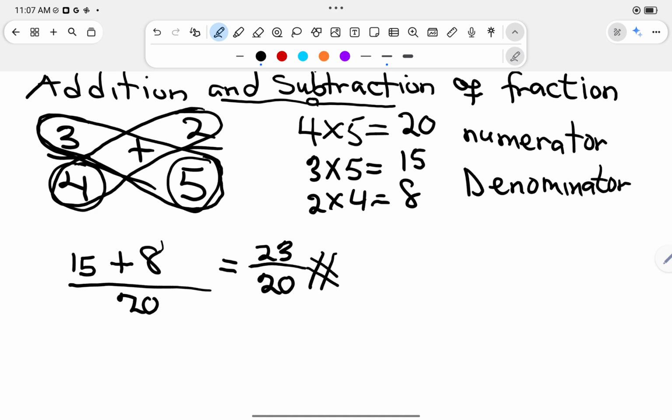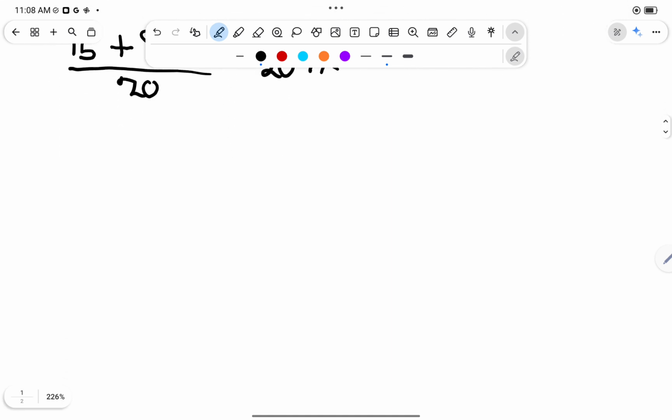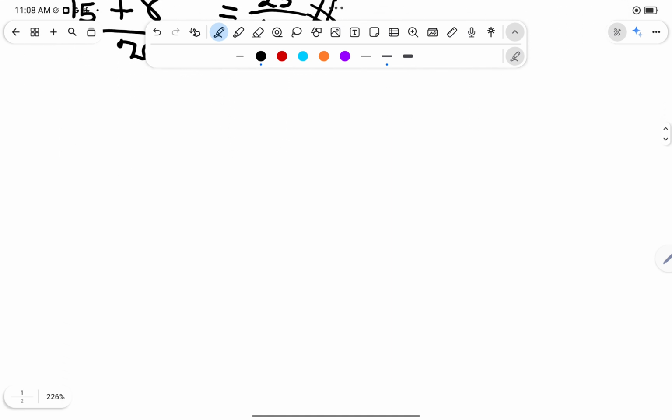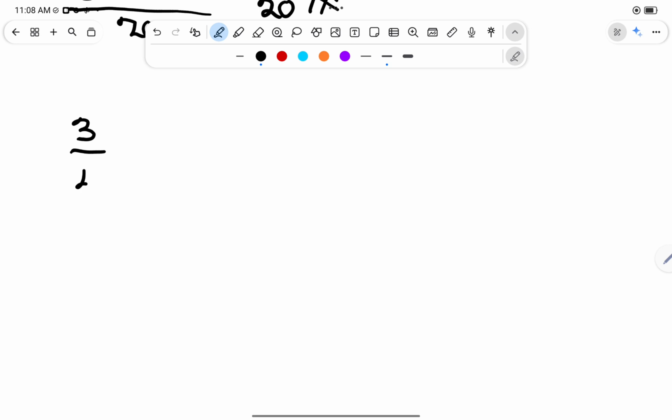Though the procedure is the same, I just want to illustrate it so that you will get the understanding. So we are going to use the same two fractions, 3 out of 4 and 2 out of 5. But this time around, I'm going to change the addition into a subtraction sign. So now we have 3 out of 4 minus 2 out of 5.